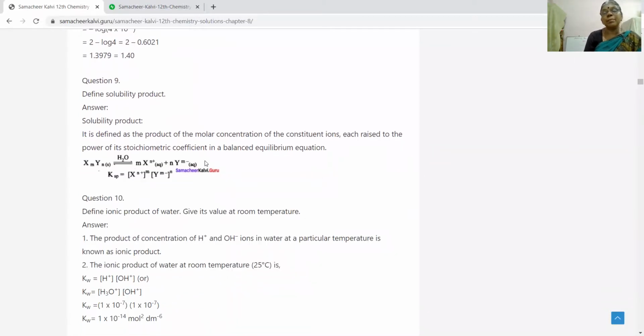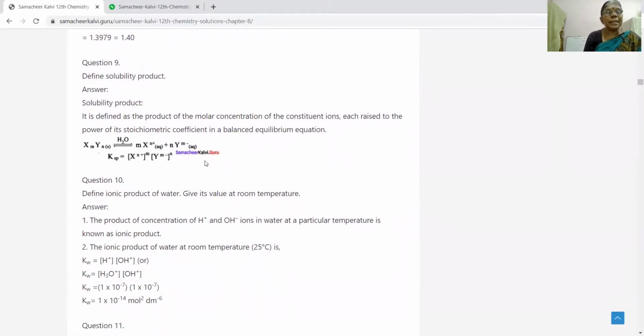Define the solubility product. This is one of the definitions. The solubility product is the product of the molar concentrations of the constituent ions, each raised to the power of its stoichiometric coefficient in a balanced equilibrium equation. For example, X m Y n in the solid state, in the presence of water, gives m X power n plus aqueous plus n Y power m minus aqueous.